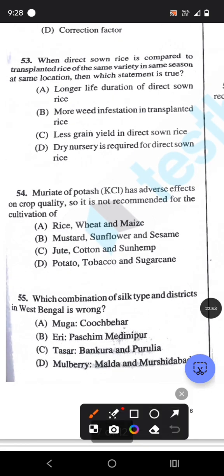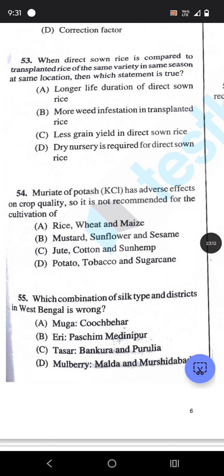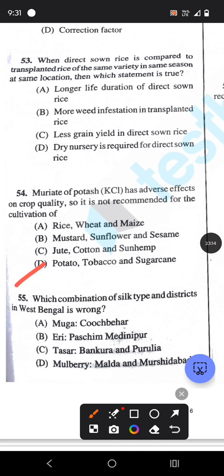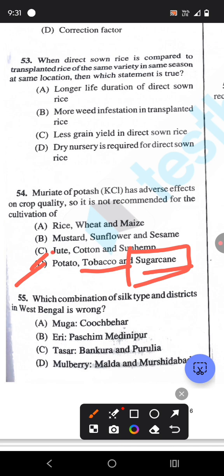Question number 54. Muriate of potash, KCl, has adverse effects on crop quality, so it is not recommended for the cultivation of. So guys, KCl is not recommended for potato, tobacco and sugarcane, because in sugarcane it reduces the sugar content, and in potato it reduces the starch quality.